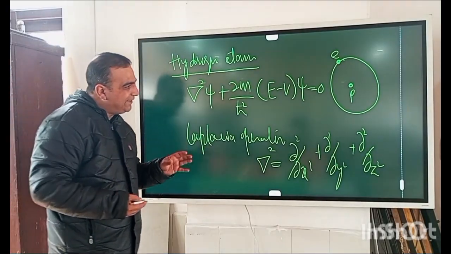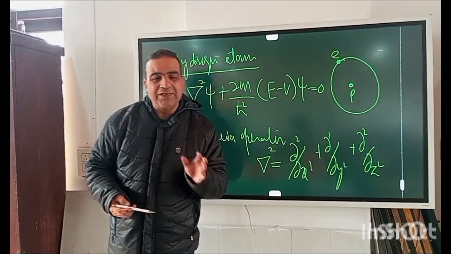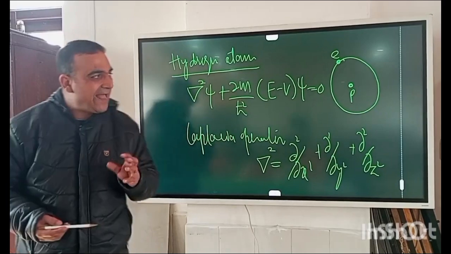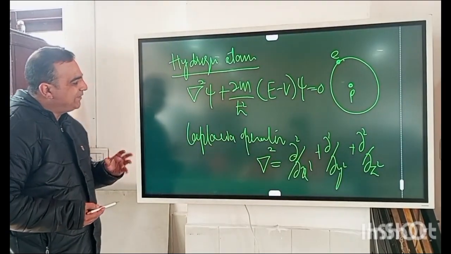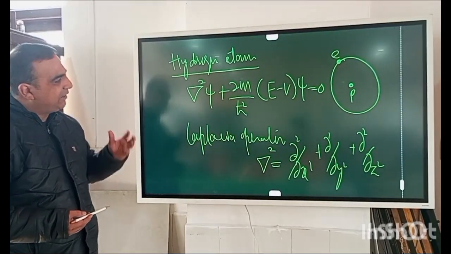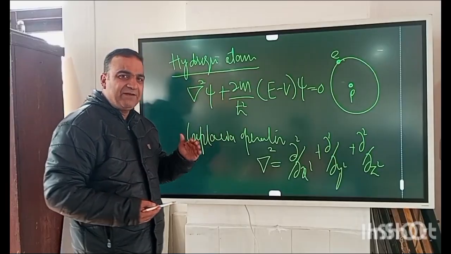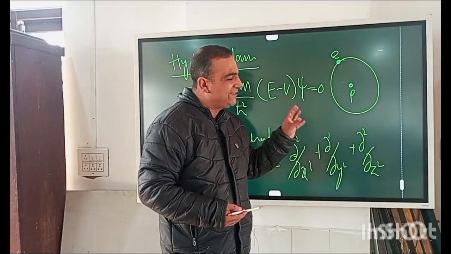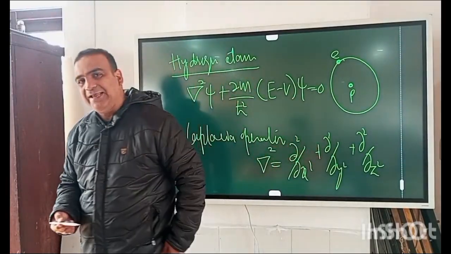Now, exploiting the spherical symmetry of hydrogen atom, we can immediately think of using spherical polar coordinates to understand the problem of hydrogen atom.